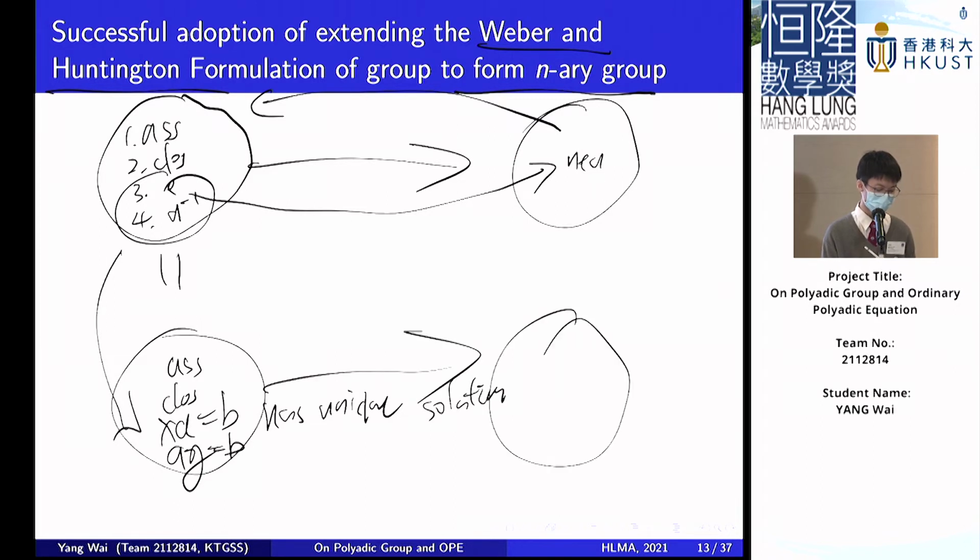If we extend it, we will get our usual definition of the n-ary group. In this n-ary group, some n-ary groups are reducible to the ordinary group case, however, some are not reducible.